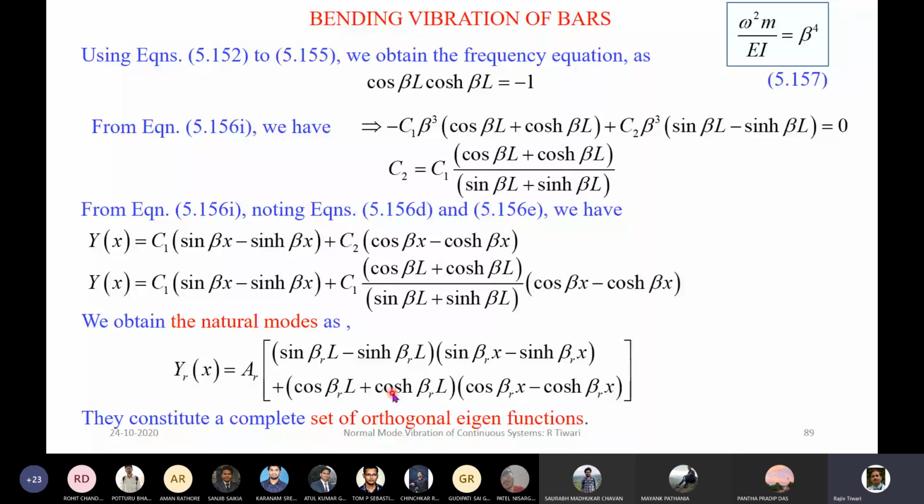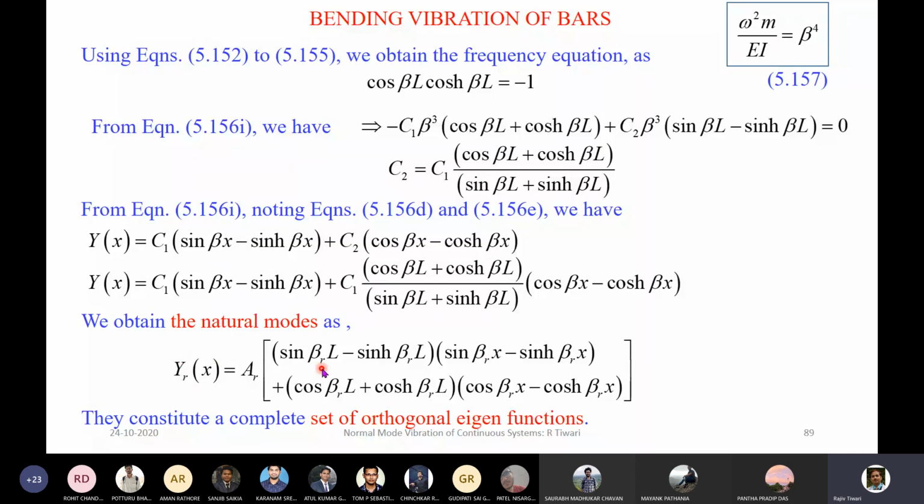orthogonal eigenfunction. If you see this, this is constant, but they contain the x value. This also contains the x value. So if we vary x from 0 to L, we'll get how the displacement is changing corresponding to that particular beta R. So beta R is related with the natural frequency.